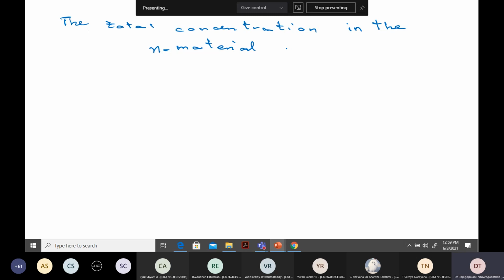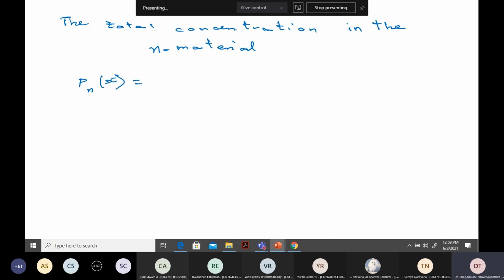Now carrying forward, the total concentration in the N material, the N side, which is Pn of x.